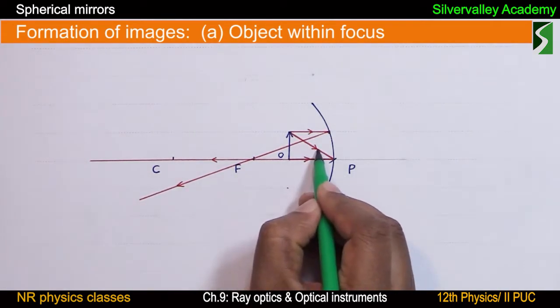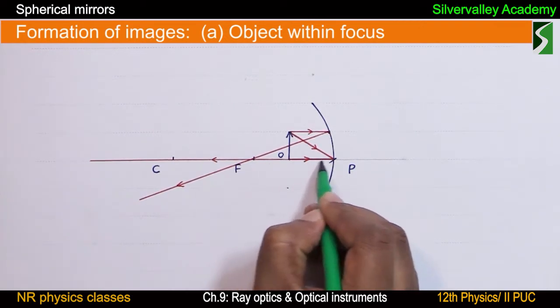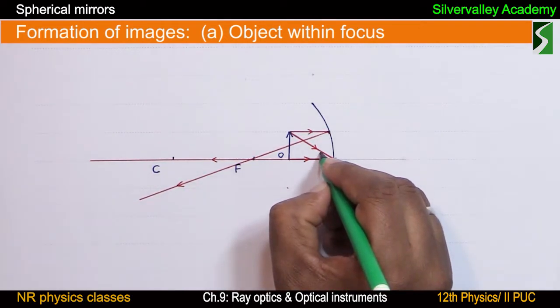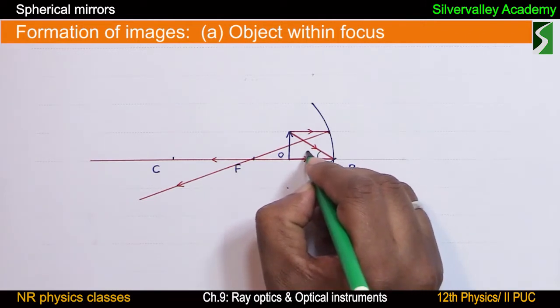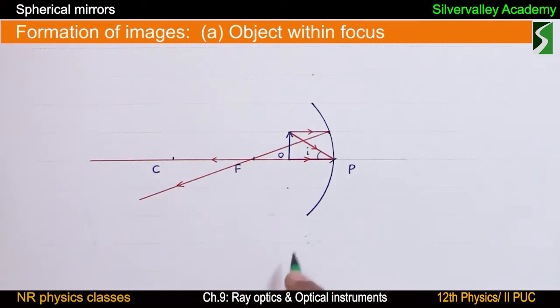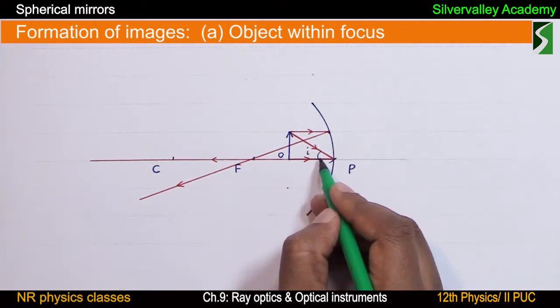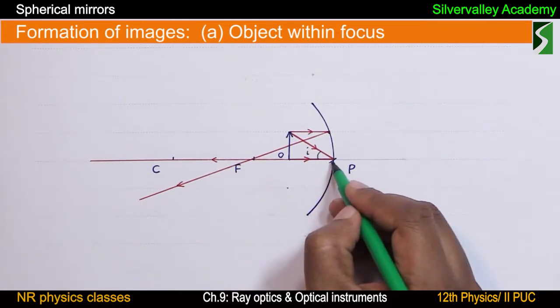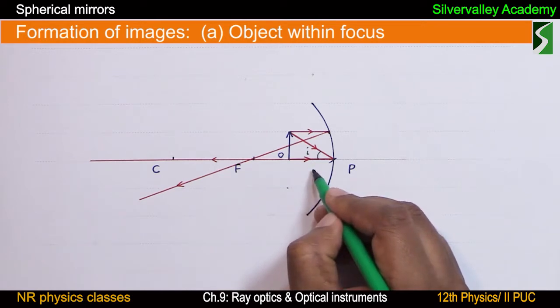If this is the incident ray, and this principal axis represents the normal, then the angle between the incident ray and the normal is called the angle of incidence, i. Since the angle of reflection should be equal to the angle of incidence, we have to make sure that the reflected ray is such that i equals r.